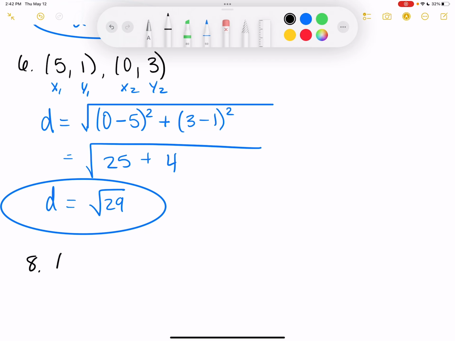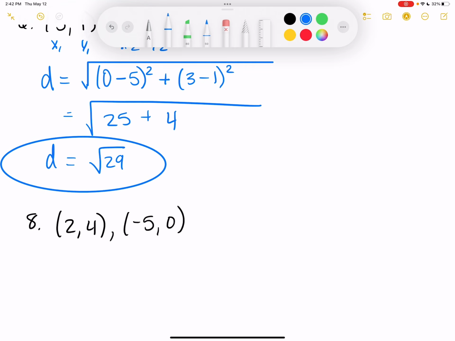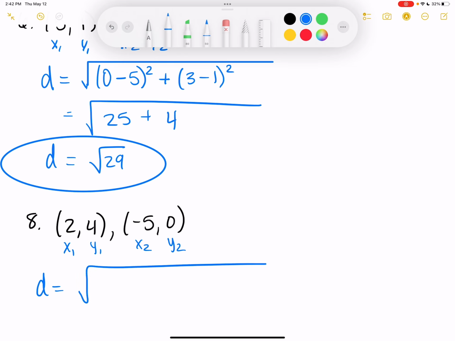8, 2, 4, and negative 5, 0. All right, so what's x1? Negative 5. That's x1, and 2 is x2. y1 is 4, and y2 is 0. So then the square root of negative 5 minus 2 squared, and then 0 minus 4 squared.